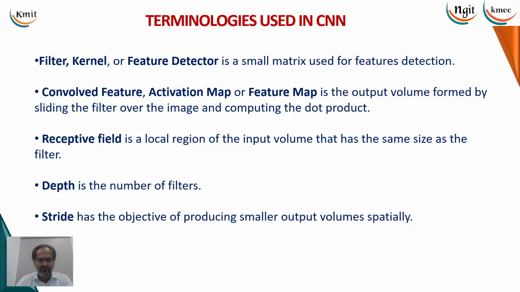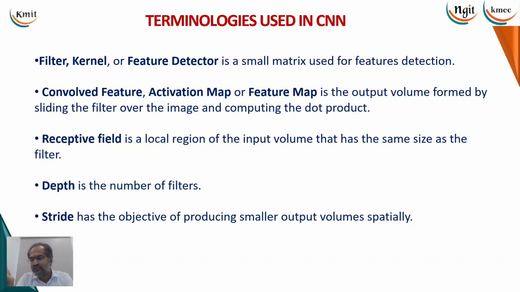Instead of taking the number of pixels as weights and inputs, we can take a minimum number of weights, for example a 3 by 3 matrix. With a 3 by 3 matrix we require 9 weights. These 9 weights are shared for the entire image analysis by the convolutional model. That is called the filter.